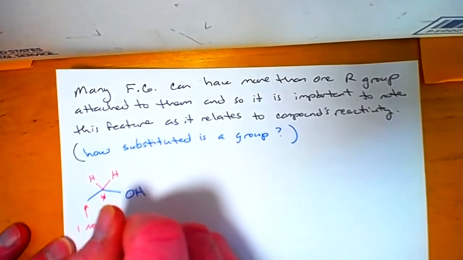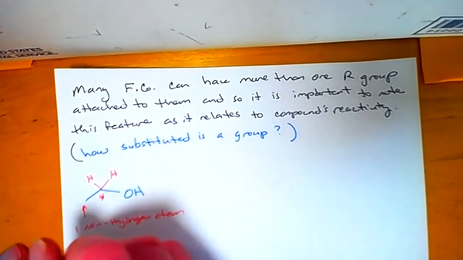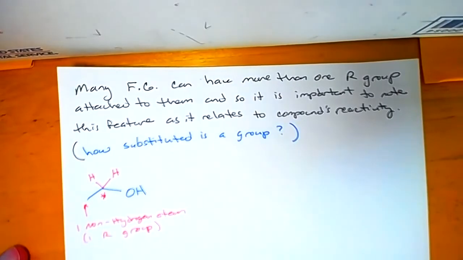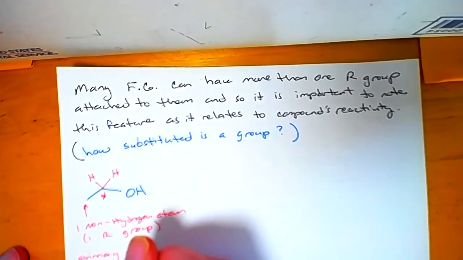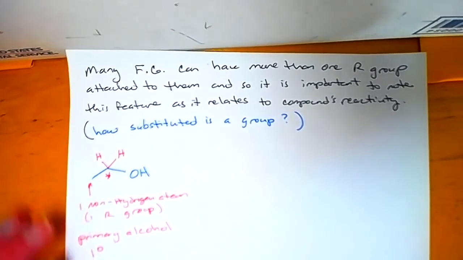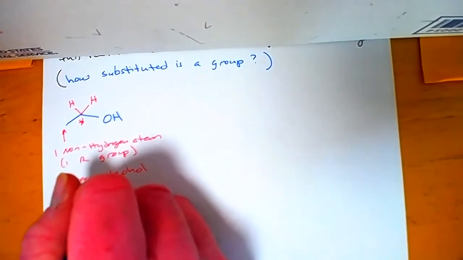What we would say, 1 R group, a group that's not a hydrogen atom. This is what's referred to as a primary alcohol. And we often abbreviate that with a 1 and a degree symbol for primary alcohol.